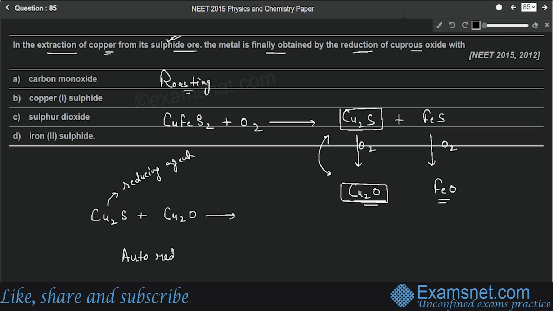So this copper sulfide will reduce copper oxide into the copper metal. So it will give copper metal plus sulfur dioxide. So we can see that this metal copper is finally obtained by the reduction of cuprous oxide with copper sulfide. So this copper(I) sulfide is the answer. Option B will be the correct answer.